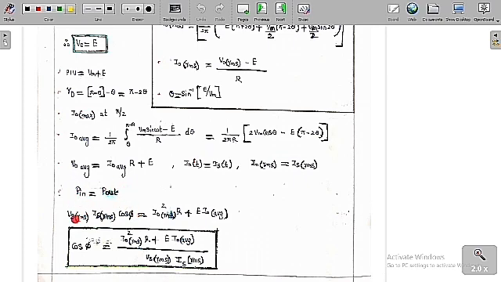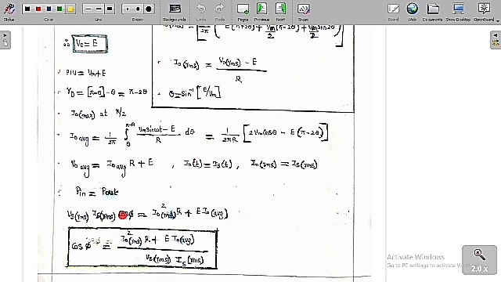So input power is equal to Vs RMS into Is RMS into cos phi, and output power is simply I naught RMS square into R plus E into I naught average. So Vs RMS into Is RMS into cos phi is equal to I naught RMS square into R plus E into I naught average.